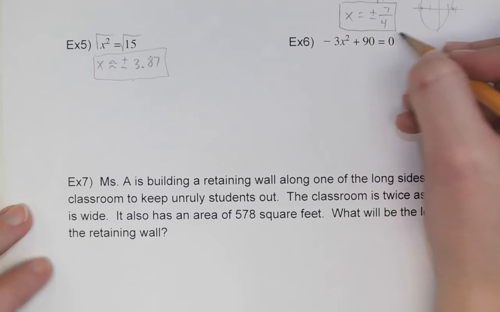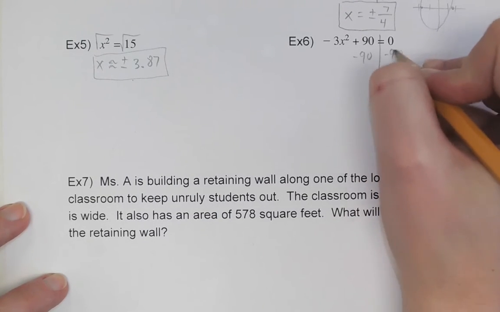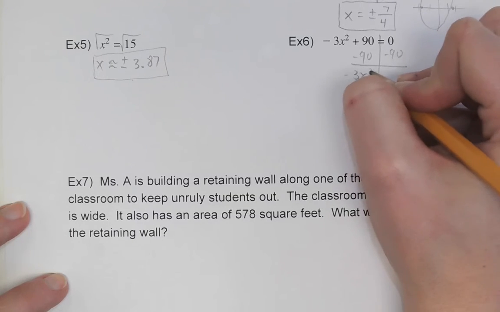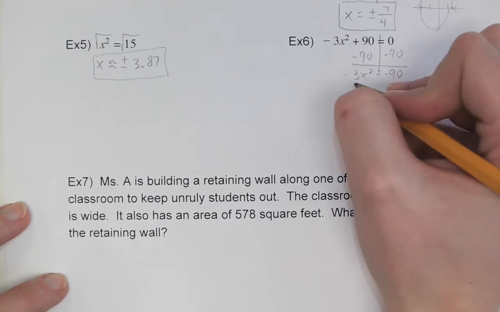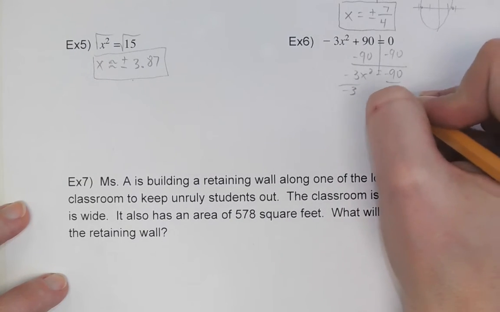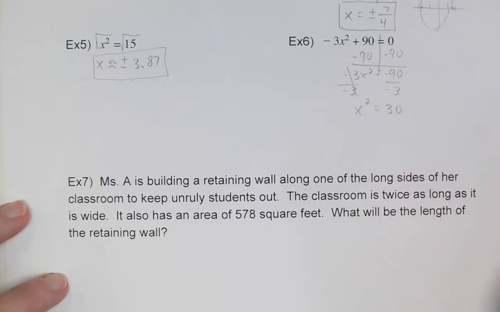And same type of process happening here. So we are going to solve for x squared, get that by itself. Subtract 90 from both sides, divide by -3. 90 divided by 3 would be 30. Take the square root.